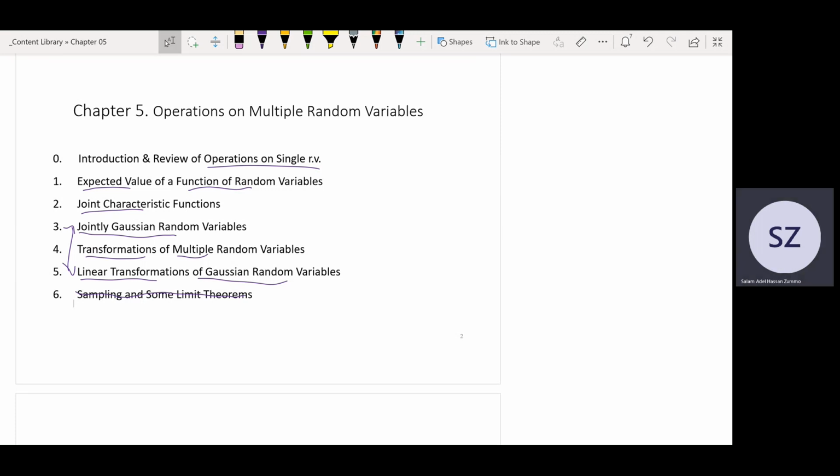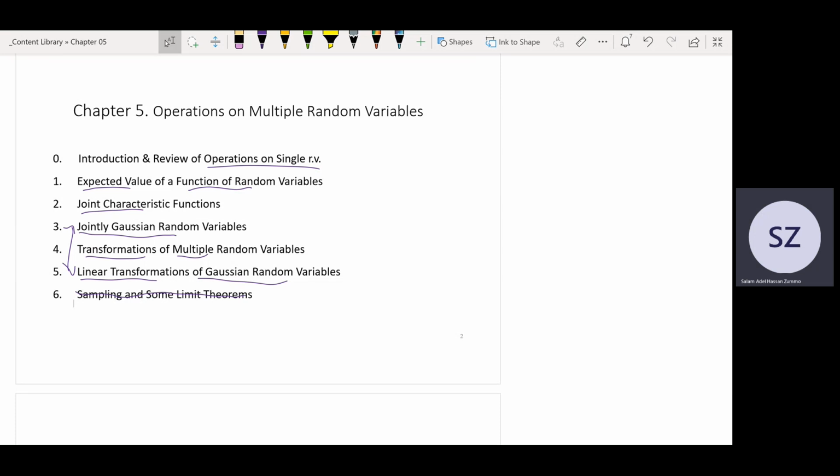And in chapter 7, we talk about how to understand random processes in time. We define correlation as well.